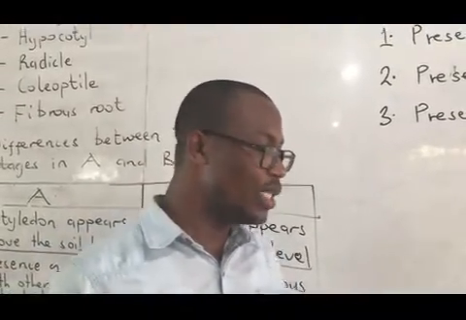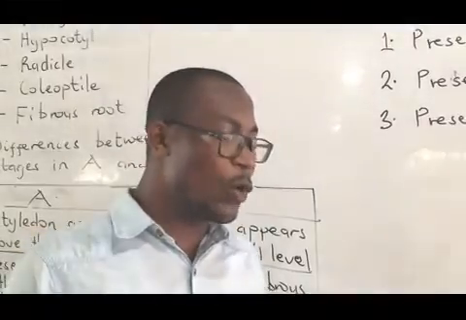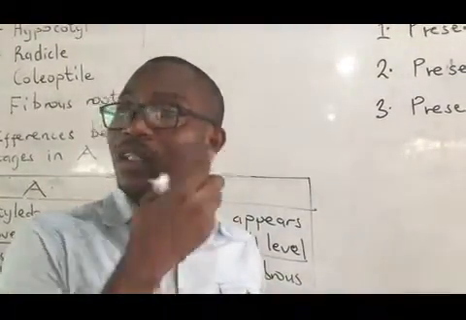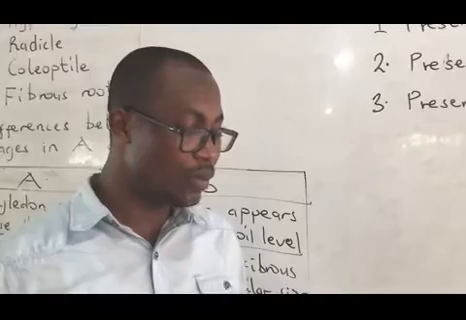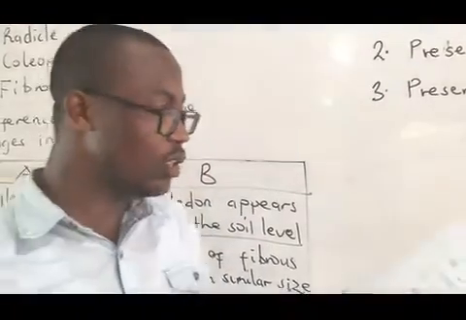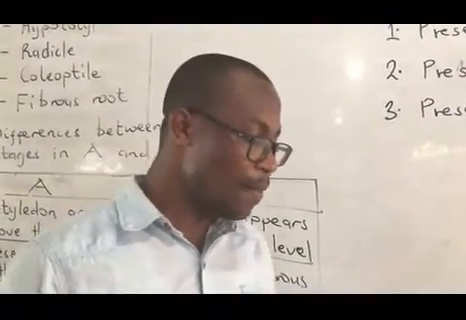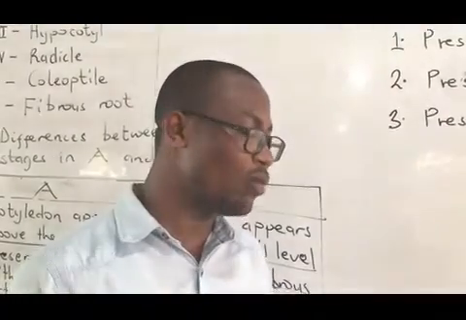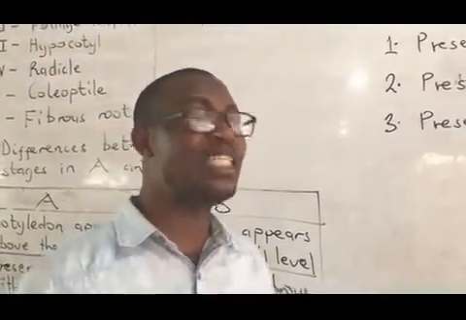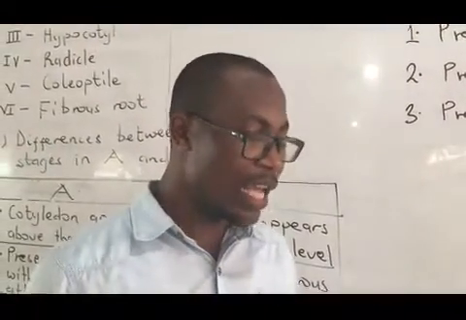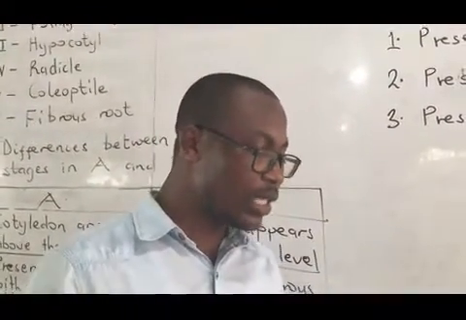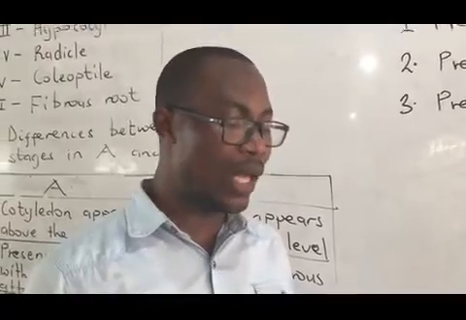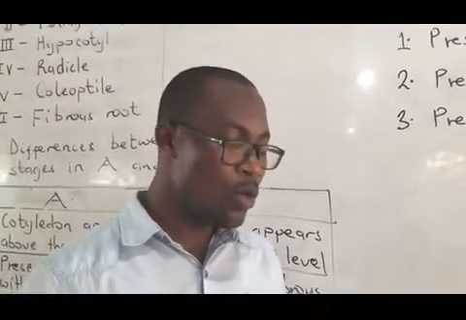And there's one in which the cotyledon remains below the soil level or below the ground. The type in which the cotyledon appears above the ground level is what we call the epigeal germination.